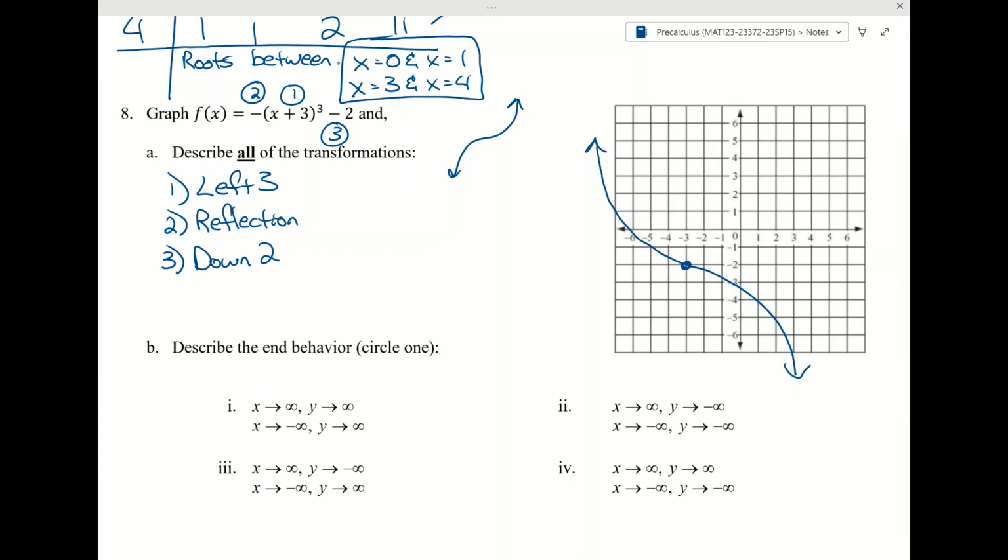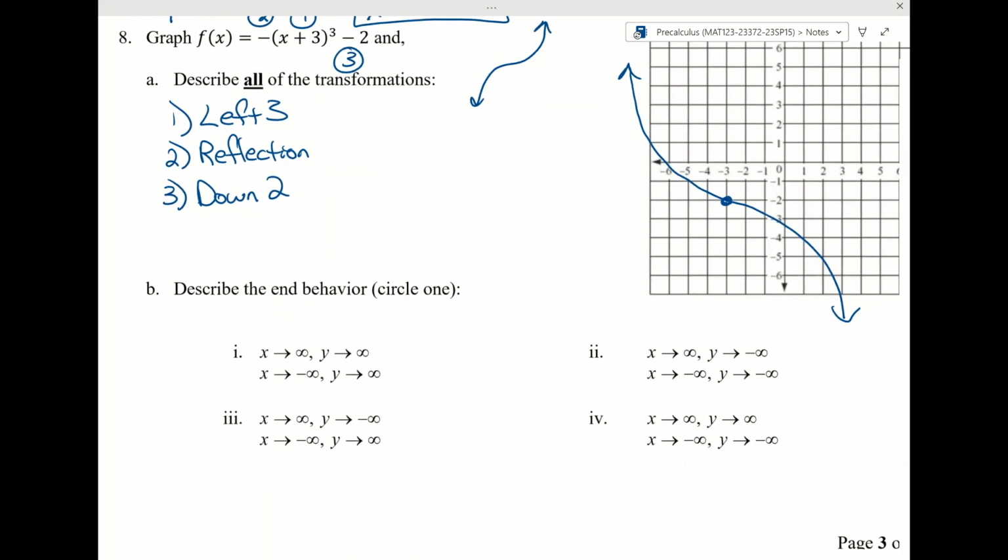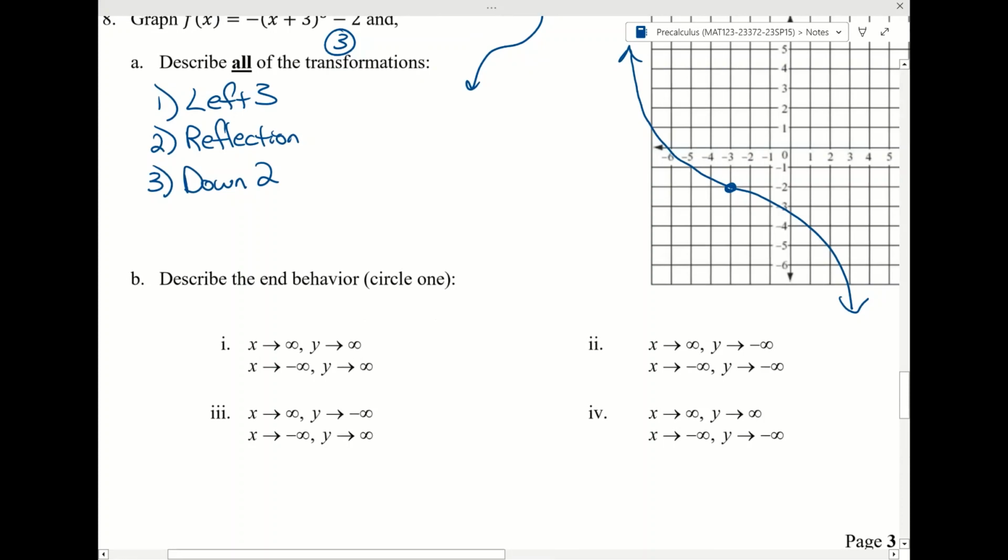Now, remember in our last class, we talked about end behavior. And when we talked about end behavior, I told you it was going to be multiple choice. Every option is going to have a right side. So the right side of a graph is when x goes to infinity.